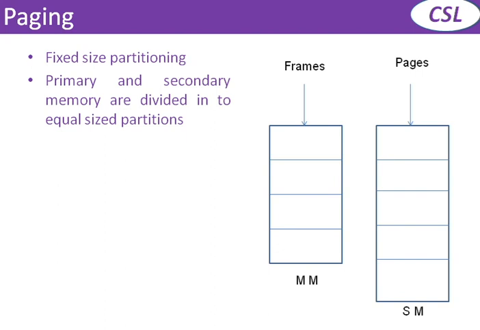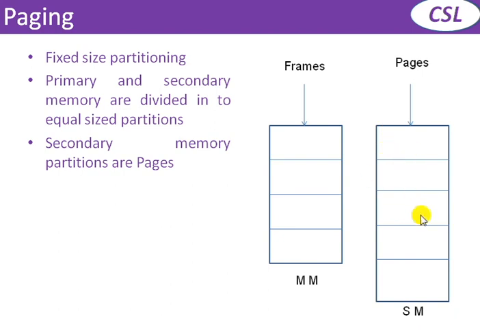And here the primary and secondary memory are divided into equal sized partitions. Secondary memory partitions are called pages. So this is the secondary memory, let us say.